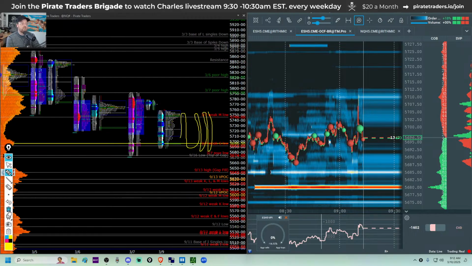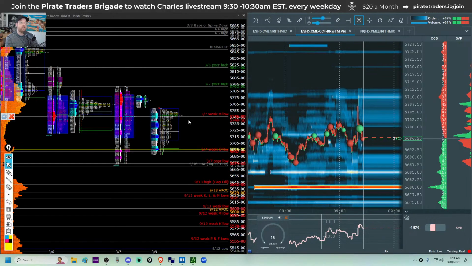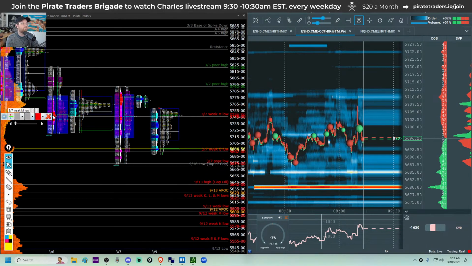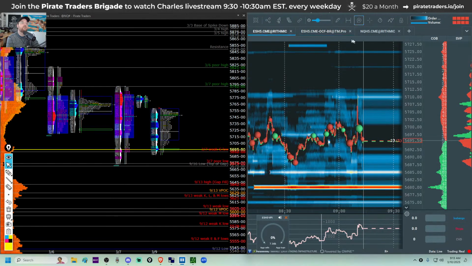So unfortunately, we are opening in a chop zone, and I do expect a lot of chop this morning and a lot of grind. Again, that changes if we get below the overnight low, if we get below the previous day's low, but I suspect until I see that, we're probably going to do a lot of chopping and grinding sideways. Okay. Any questions on any of that from the chat?